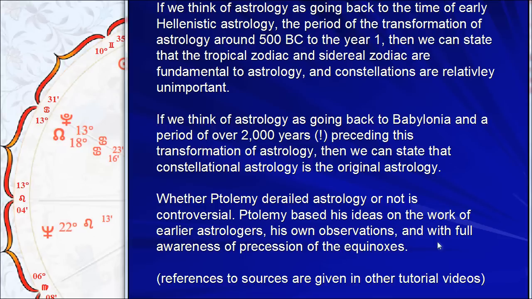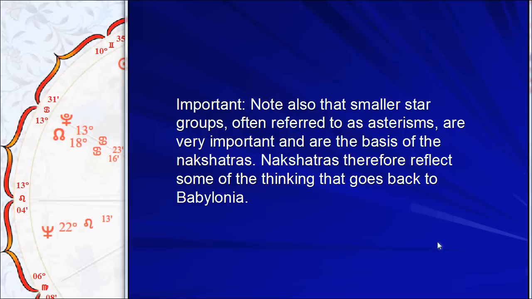That may or may not be true, but if the true zodiac is based on constellations or sidereal rather than tropical, then what we have to face here is that Ptolemy did this consciously. He was fully aware of precession of equinoxes. It wasn't some muddled confusion that he didn't know what was going on. And as I mentioned here, I've got references to other videos that give sources to back up what I'm saying.